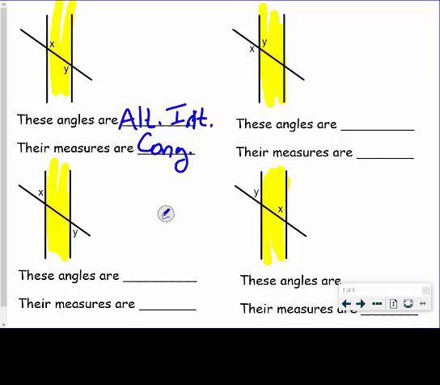Amandra had this one. Go ahead. The vertical. And what do we know about vertical? They're congruent. Libby? It's alternate exterior.